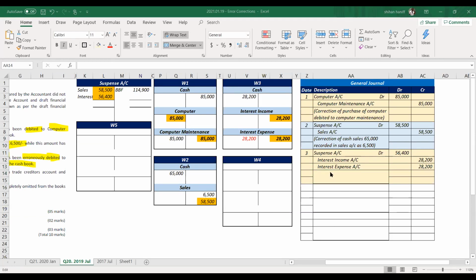So this is correction of interest income debited to interest expense account. Number 3.